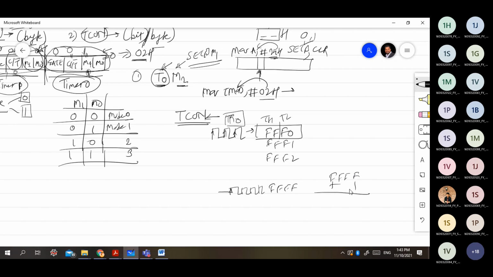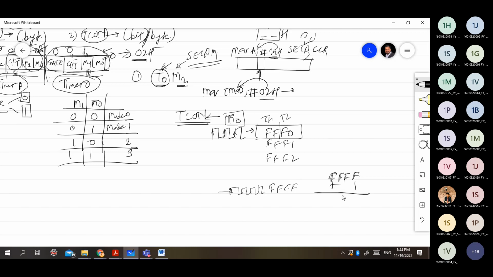Now, if I do FFFF plus 1, what will happen? If the next rising edge hits this timer, what will be the count next? From FFF0, because of this continuous pulse, it reaches FFFF, and then once again one more pulse comes to the timer.